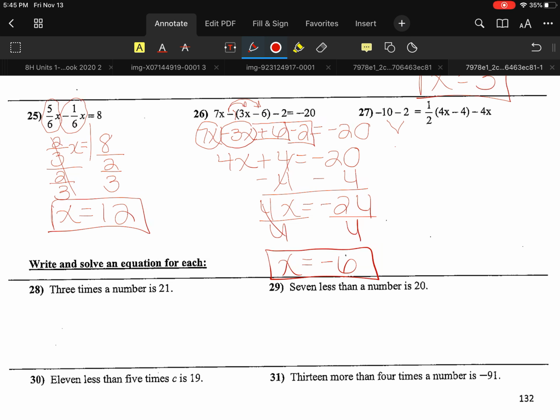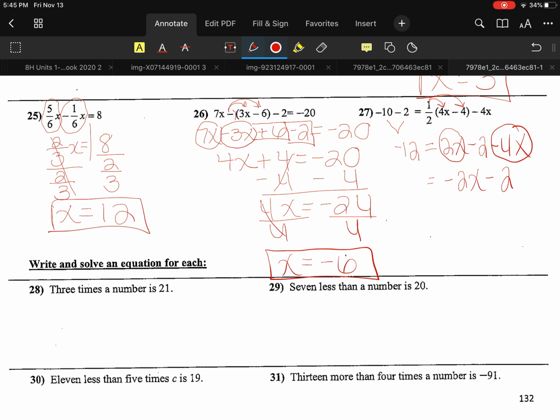Number 27, I can combine negative 10 and minus 2 on the left, which gives me negative 12 equals, and on the right, I have parentheses. I'm going to distribute the 1/2 to get rid of those parentheses. 2x minus 2. The minus 4x comes down. That right-hand side can still be simplified more. I can combine the 2x and the minus 4x.